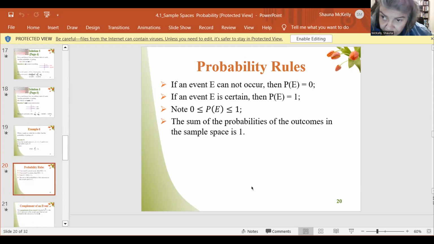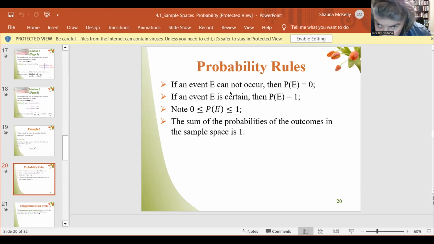Probability rules. We have some notation for this. So if we have an event and it's an impossible event, for example, roll a fair die and get a number larger than 6. A single fair die, number larger than 6. That's not possible. That probability is 0, okay?